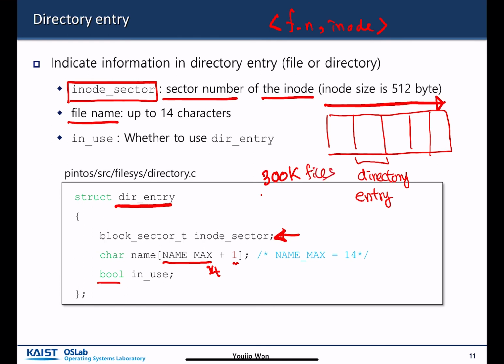Then if it is not sorted, or if it is not organized with a certain search structure, such as radix tree, B plus tree, or red-black tree, then linearly scanning the array of 300,000 elements requires a substantial amount of search. It takes very long. Okay. Anyway, in Pintos, the directory is an array of directory entries, and directory entries are not sorted at all.